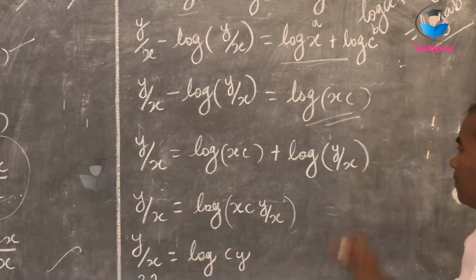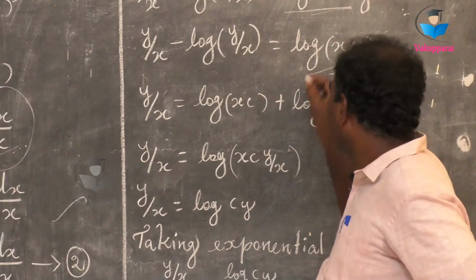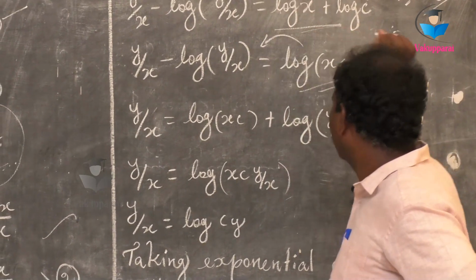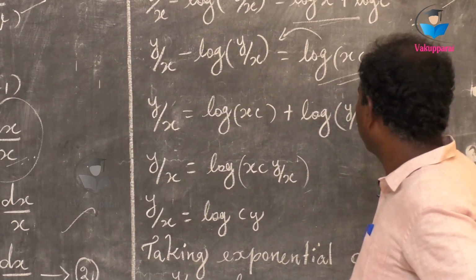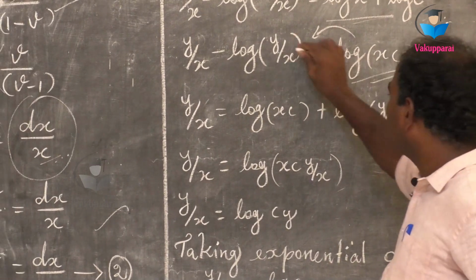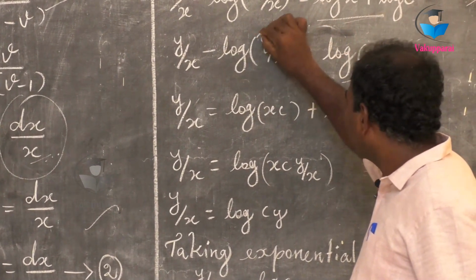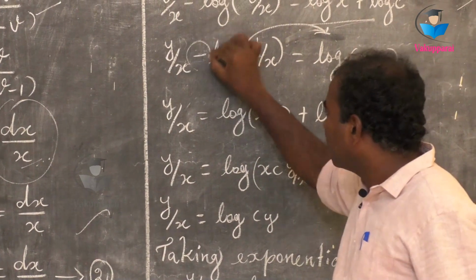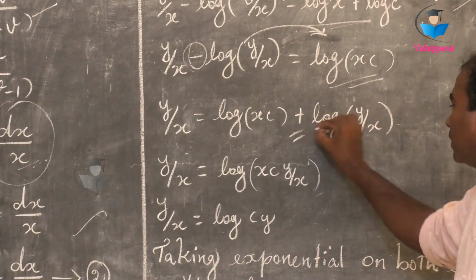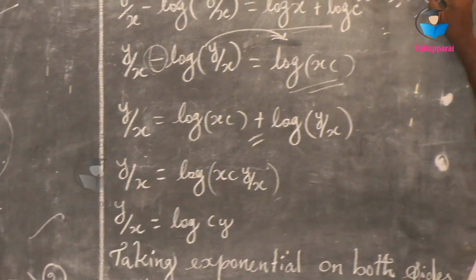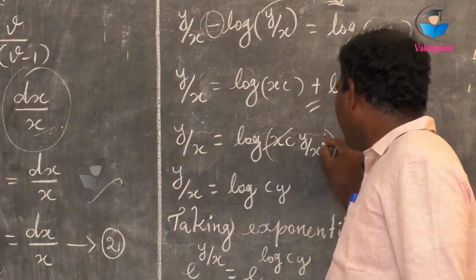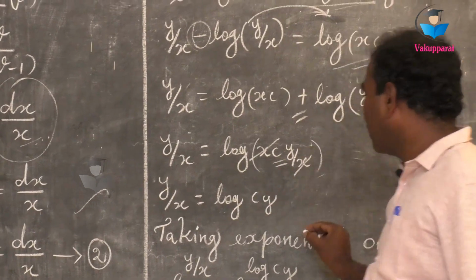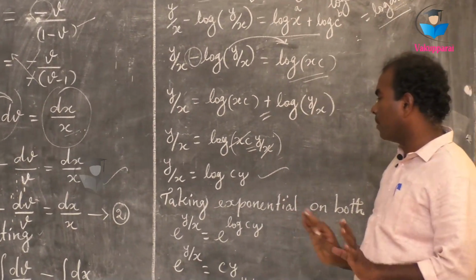Next, what do we do? This comes here. We bring this one outside, then the minus term will become plus. Again we use this log rule. It will become like this, and cancelling the common term, this term will remain. We write like this.